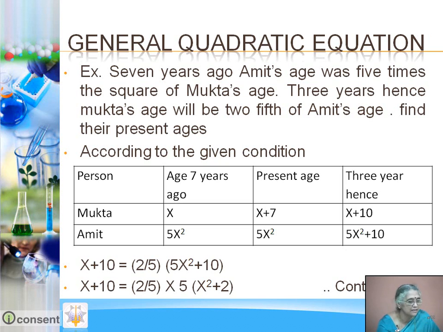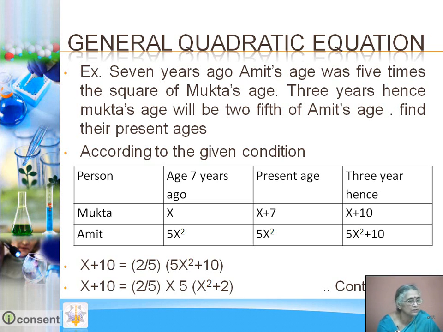And Amit's age before 7 years is 5x square according to the conditions. And the present age is 5x square plus 7. So after 3 years, or 3 years hence, Mukta's age will be x plus 10 years and Amit's age will be 5x square plus 10 years.